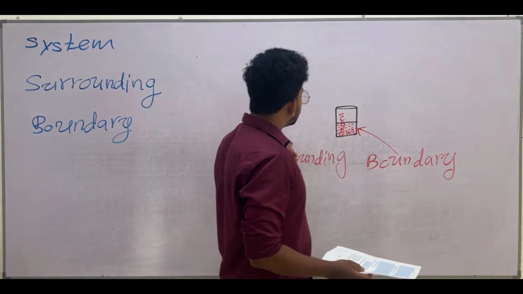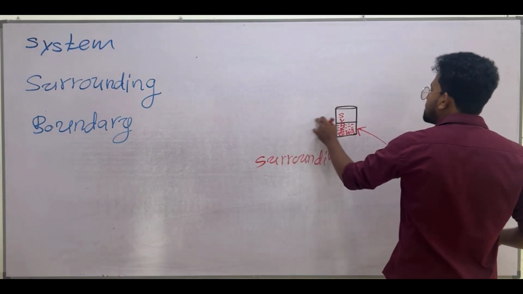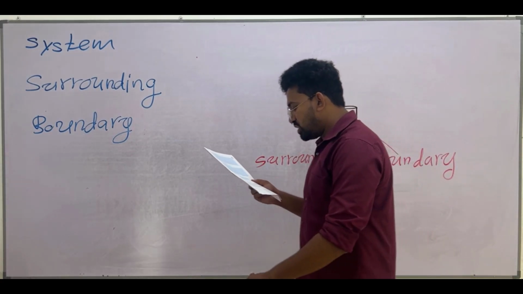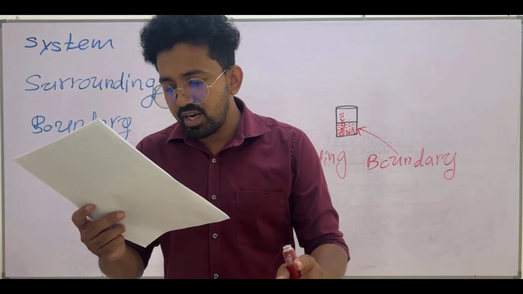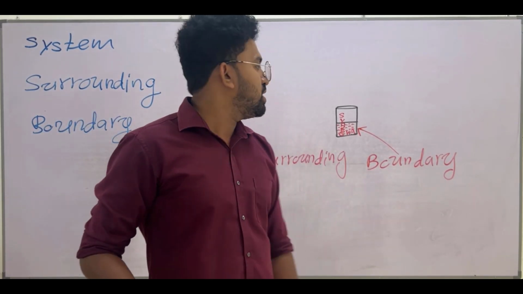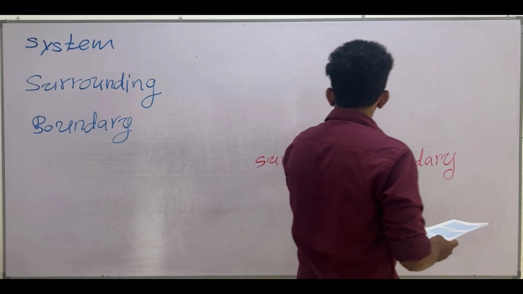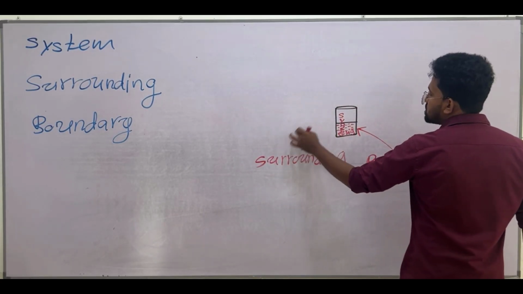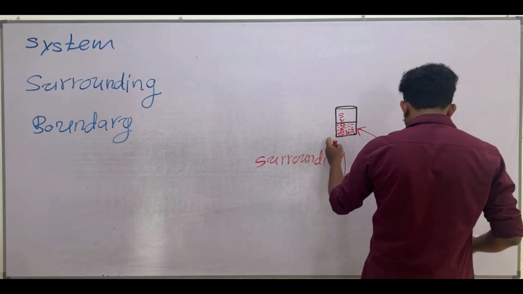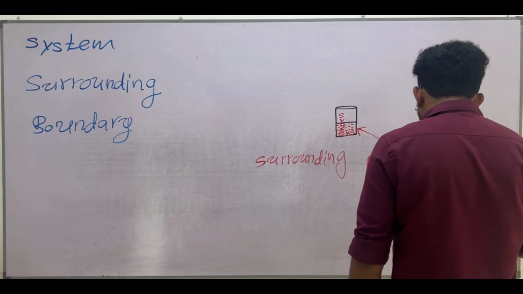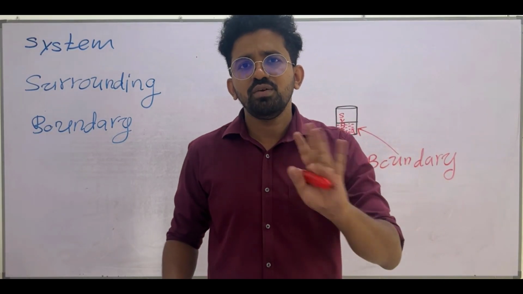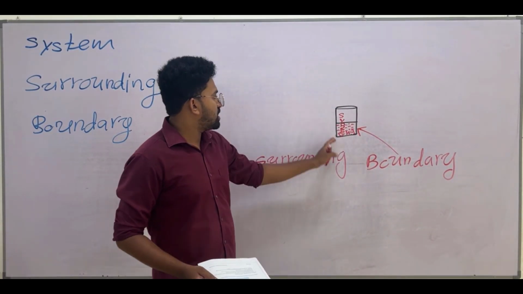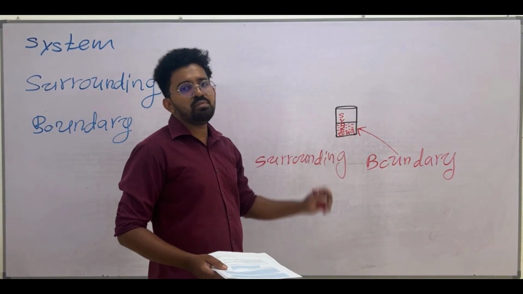And then what is boundary? The line or surface that separates the system from its surrounding. It can be a wall of a container, or it can be something imaginary.